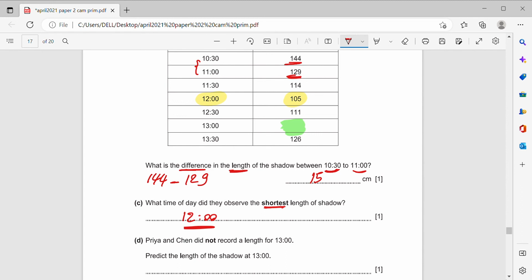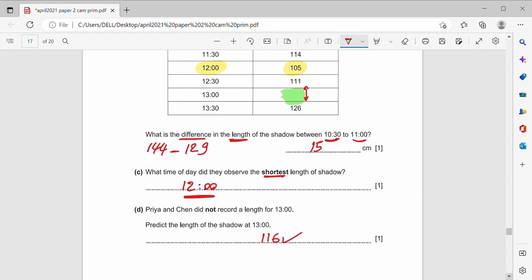So we need a value in between 112 and 125. For example, if you write 116, it's correct. If you write 117 or 120, it's correct. Any value between 112 and 125 centimeters is accepted because this is a prediction.